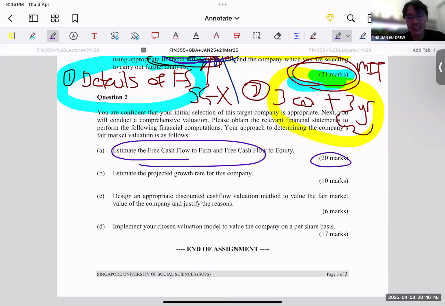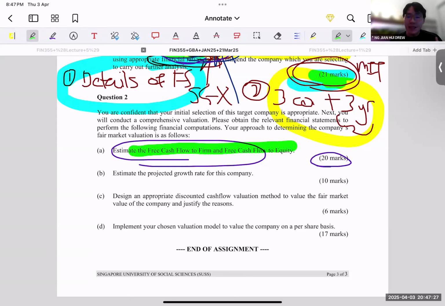Again, I try to emphasize this, like in the lesson, we also talk about the type of tax rate to use. Remember, we talk about how we should use the effective tax rate. I highlighted to you that we should go to the 90 case to understand it. So, in a similar sense, given that this is marks, groups that went through the whole justification of why you use a tax rate, let's say 17% or 18%, by writing some sentences to justify your answer, this will give you the full marks, right?